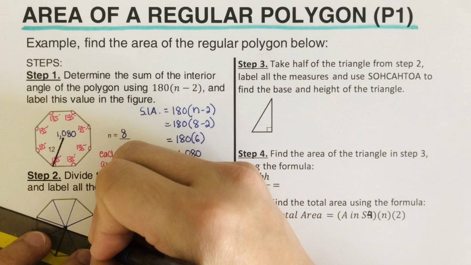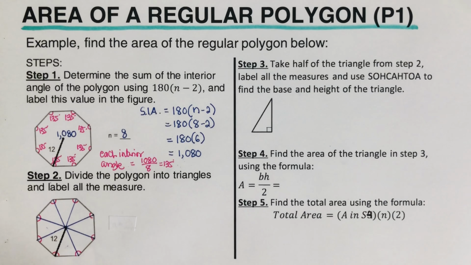Now, here's the thing that we need to remember. Each of these angles is 135, and we got that from the first step. We were able to determine the measure of this angle. Just a reminder, this 135 is divided into 2. The whole thing is 135, but since I divided it into little triangles, this one triangle here is half of 135, which is 67.5.